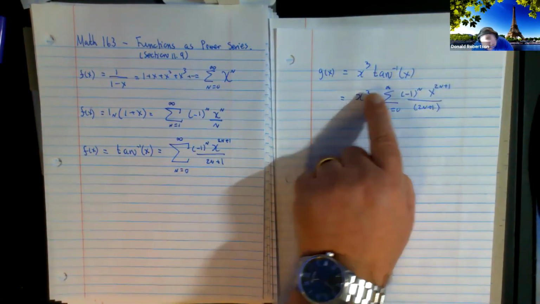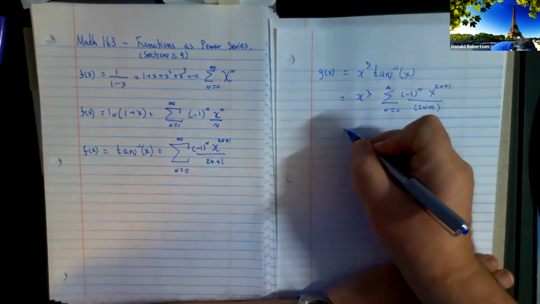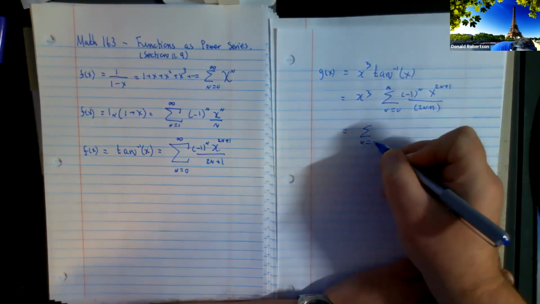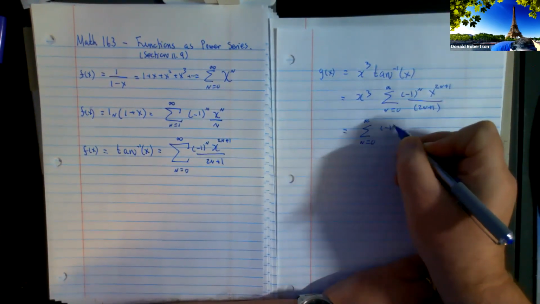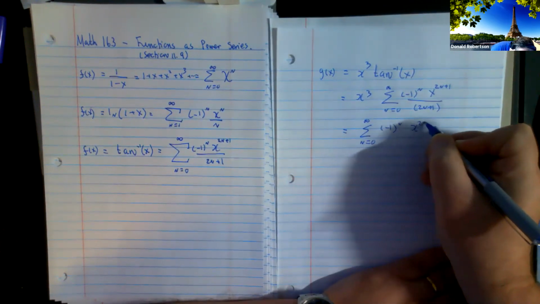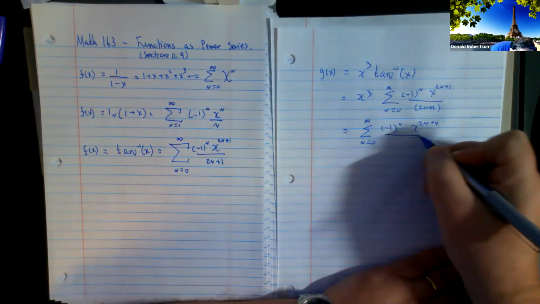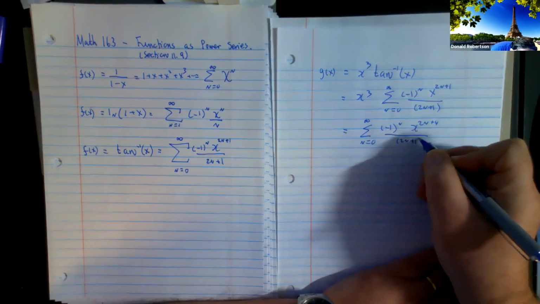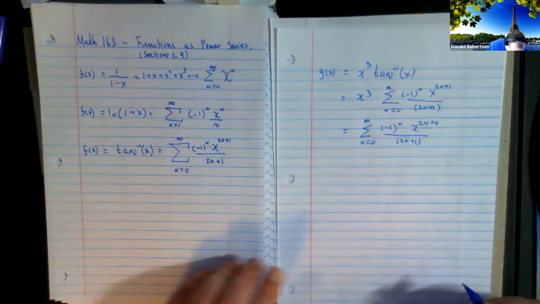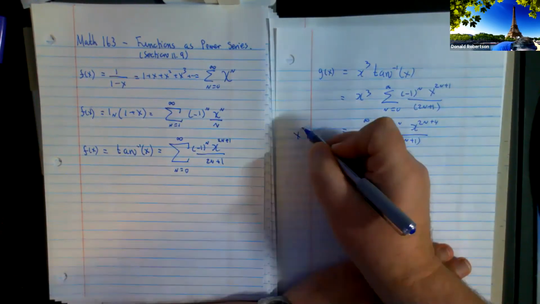Now you bring this guy inside the sigma, and if you combine the powers of x's together, you get 2n plus 4. So there's your power series for that guy.